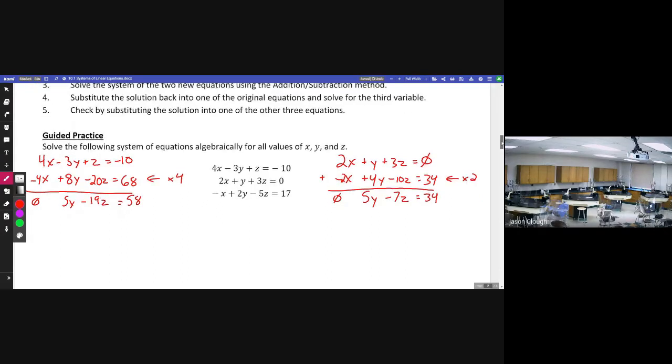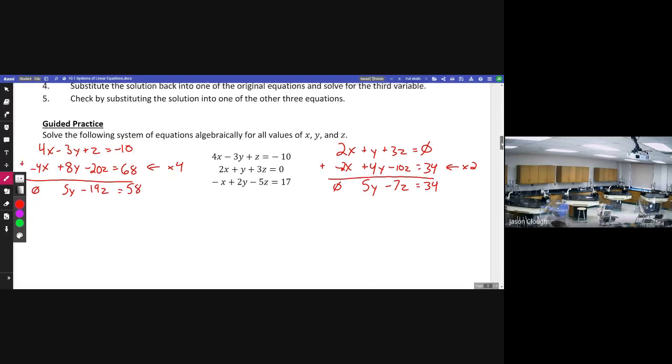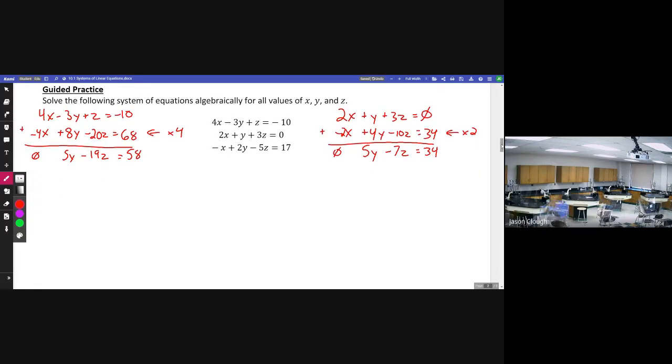Now step 3. Step 3 is basically taking these two equations we just got and doing what we did in the do now. So this is step 3. I'll do it a different color. So I'm going to take the 5y minus 19z equals 58, and 5y minus 7z equals 34.